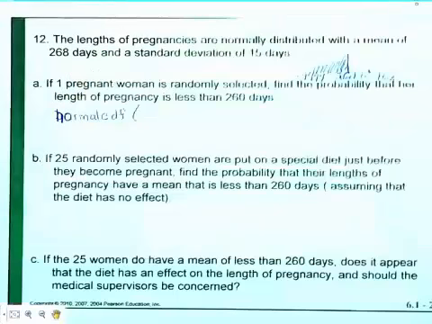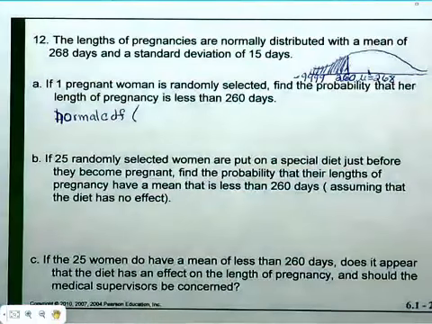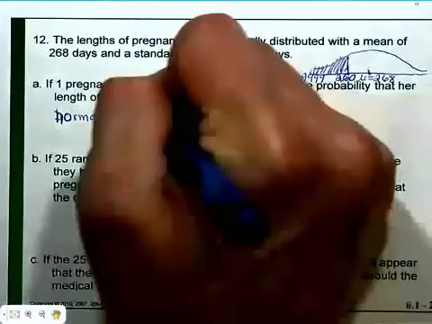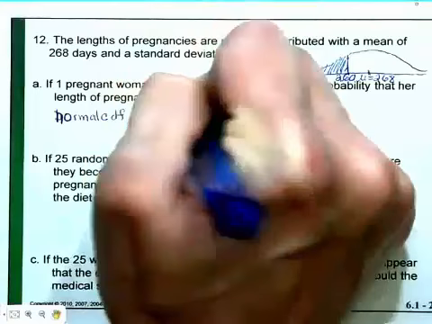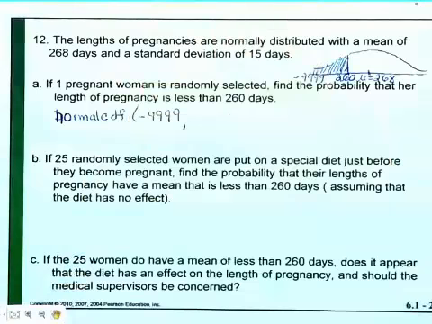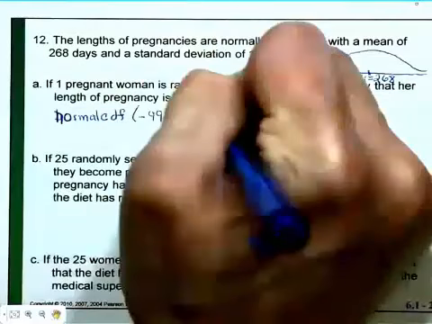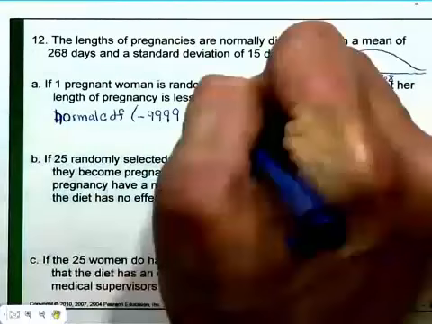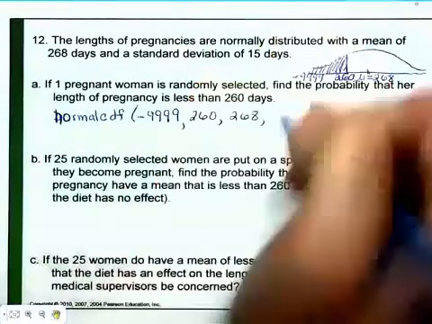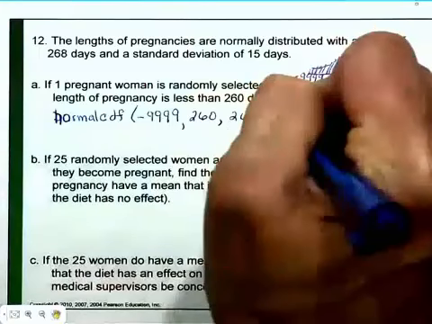What do I need to have in that argument? From negative 9,999 up to 260, given that the mean length of a pregnancy is 268 and the standard deviation is 15, about 2 weeks.